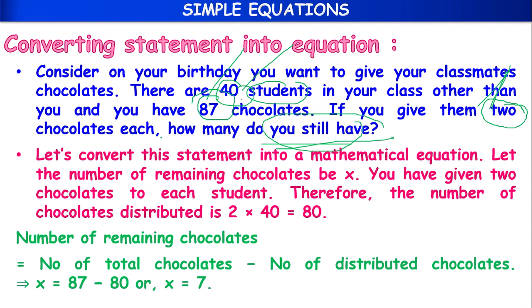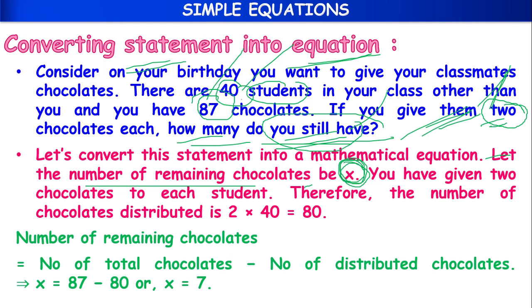So before converting a statement into an equation, first we have to trace the unknown quantity. After distributing 2 chocolates to each, how many chocolates are left? That is unknown. So let the number of remaining chocolates be x.